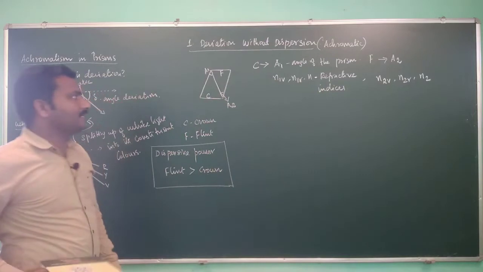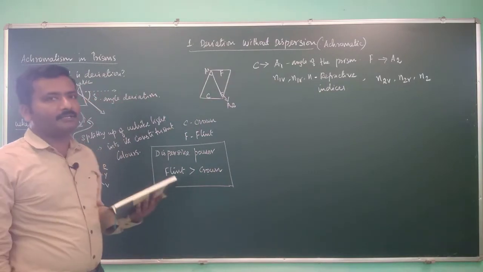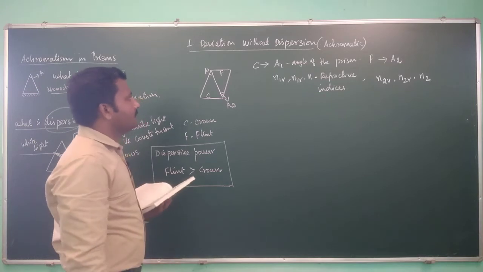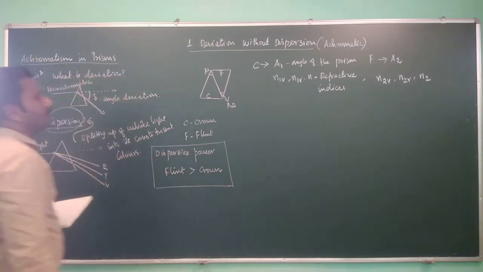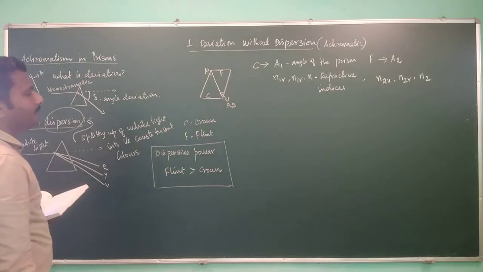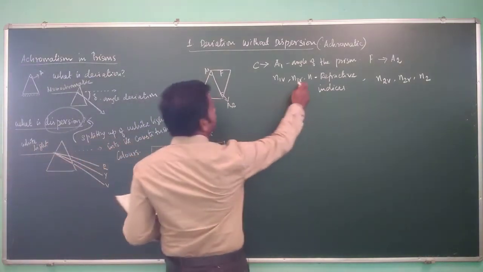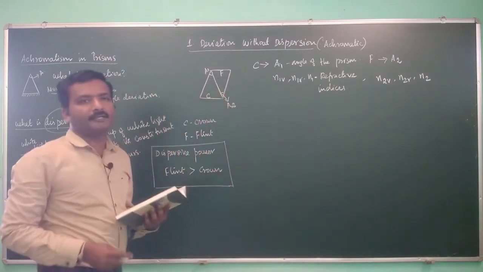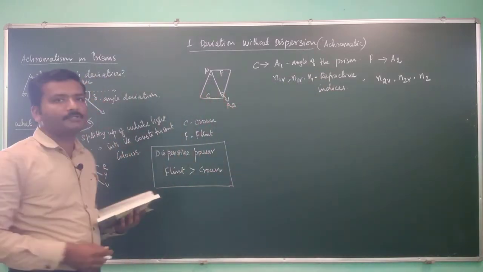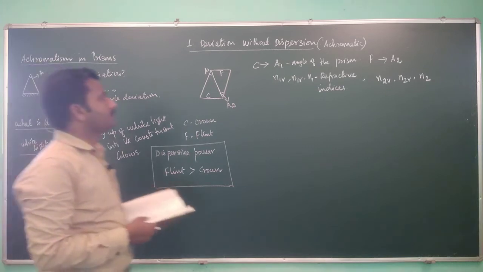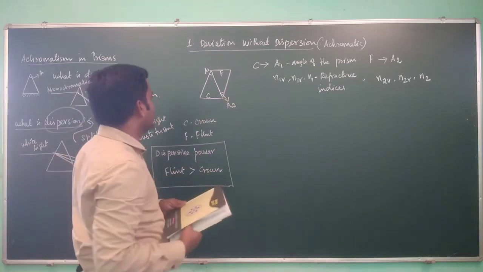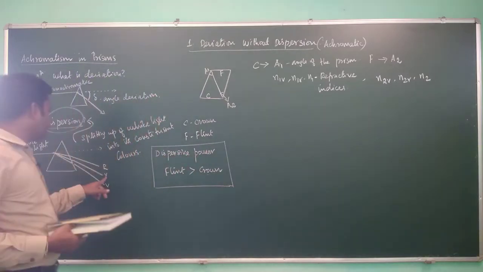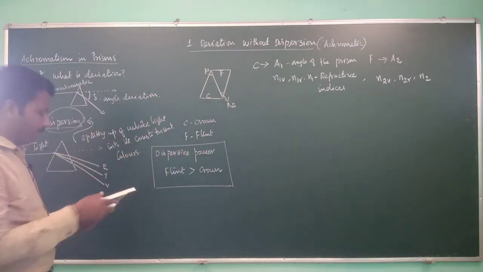Okay, so essentially N is the refractive index, the suffix 1 stands for the crown prism and the suffix 2 stands for the Flint prism, and V and R stand for violet and red color. N1 and N2 are the refractive indices of the mean ray, that is the middle ray in the spectrum, that is yellow ray. Fine.